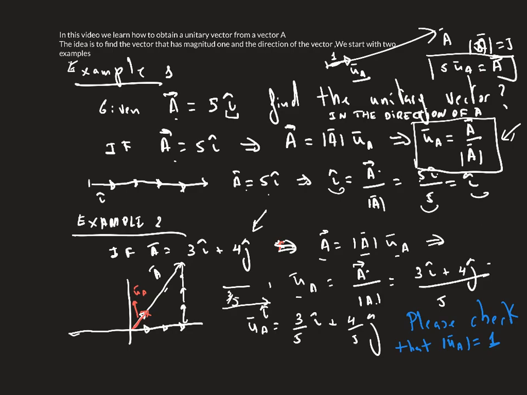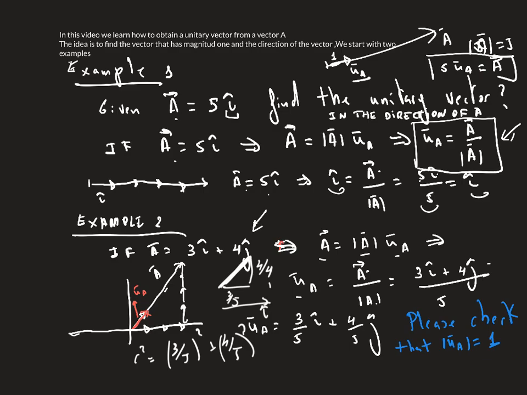It's 3/5 of i, and 4/5 of j. What is the magnitude? The magnitude c squared equals 3/5 squared plus 4/5 squared, and the square root of this should be 1.